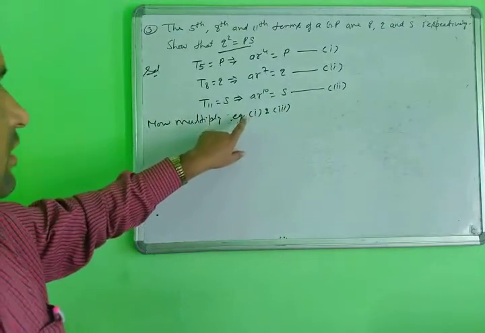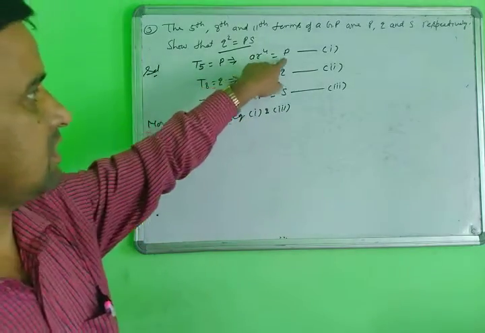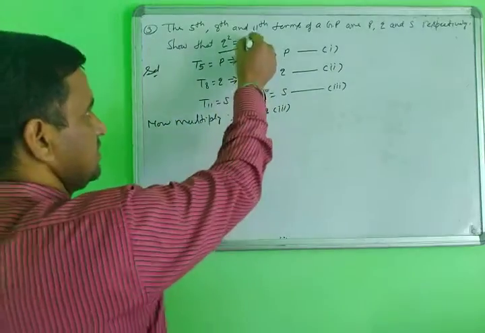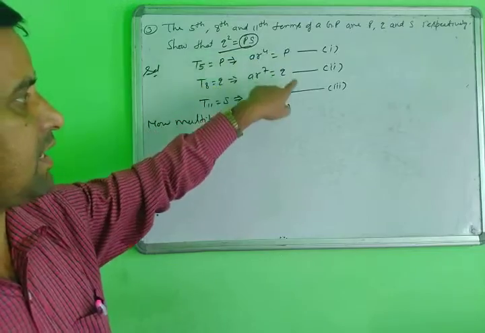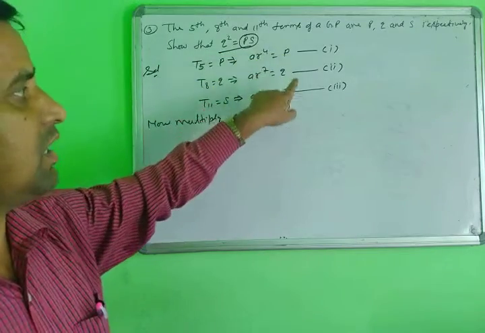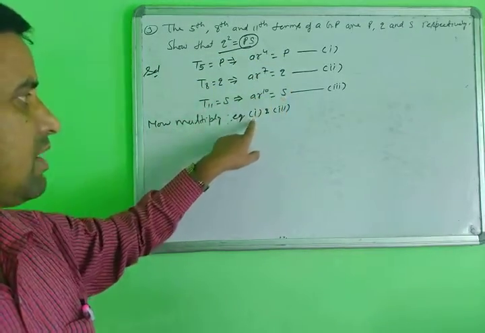Multiply equation first and third, because you are given PS. Looking at the right-hand side, P is in the first equation and S is in the third equation, so you multiply both the equations.